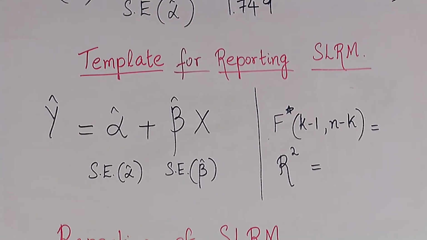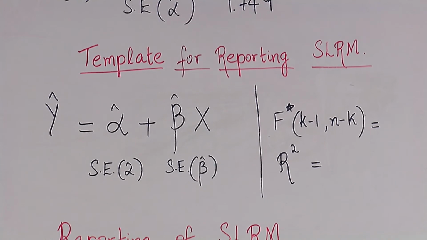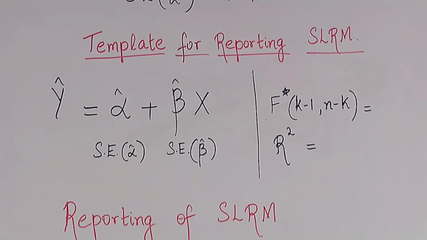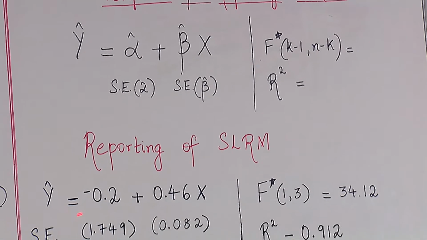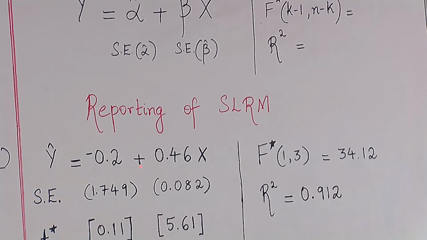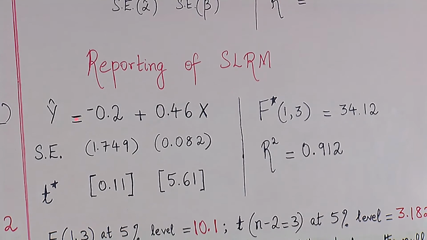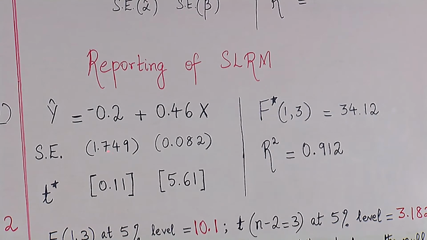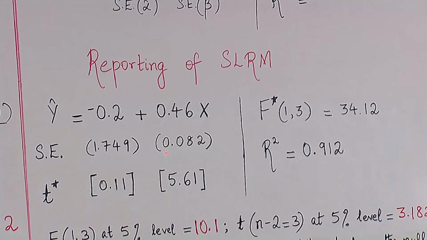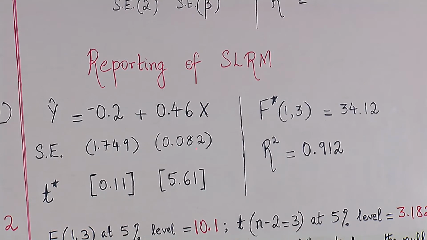So, let us see how we are reporting for the case that we have taken. Here in this case, y hat is equal to minus 0.2 plus 0.46 x. The standard error of alpha hat in the present case is 1.749 and the standard error of beta hat is 0.082.